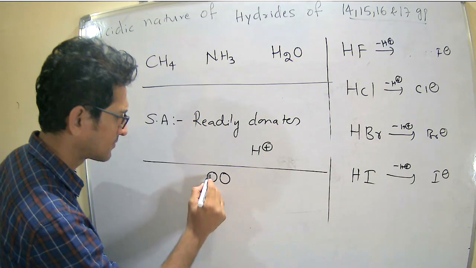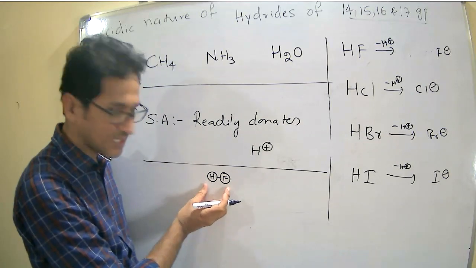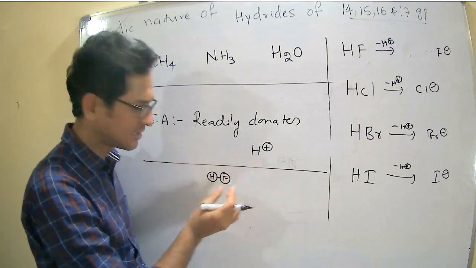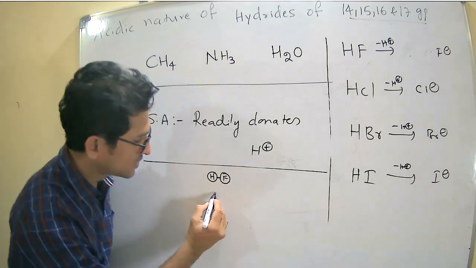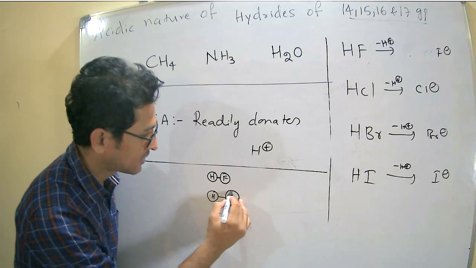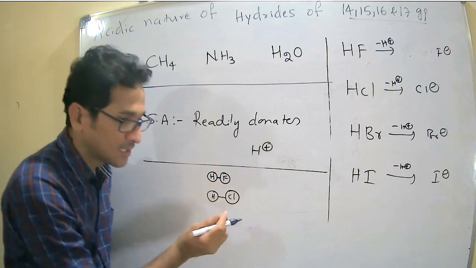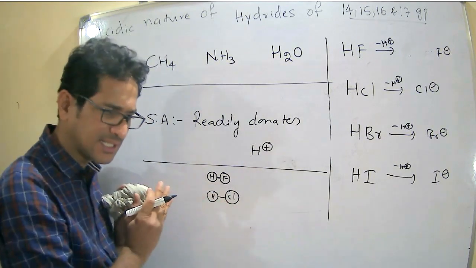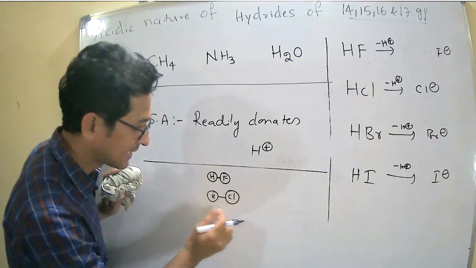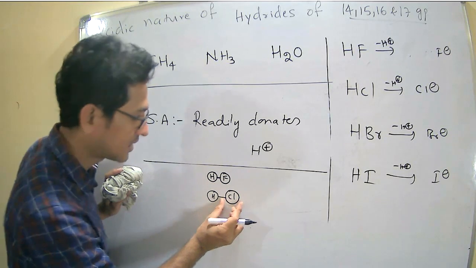Since the sizes of these two are very small, the bond between them is strong. Next, in the second case, the size of chlorine is somewhat bigger than fluorine. Therefore the bond becomes weak, because the distance is increasing, with the increasing size of the anion.